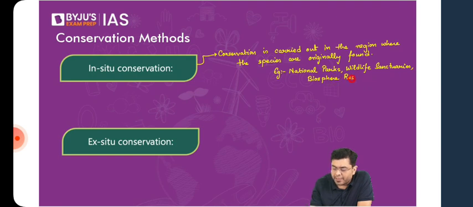These come into the category of conservation carried out in the exact area where the species are naturally, organically found. That is your in situ, where you don't need the transfer of species.